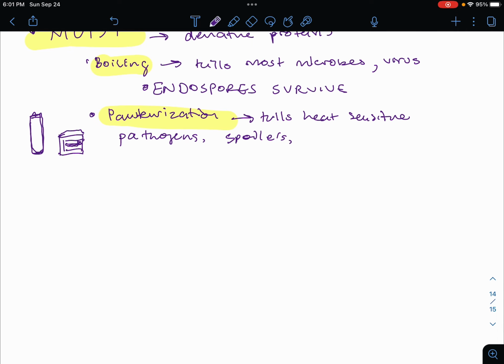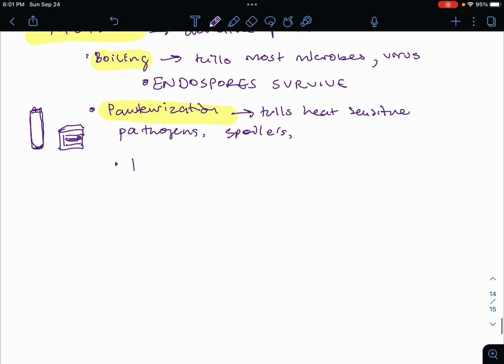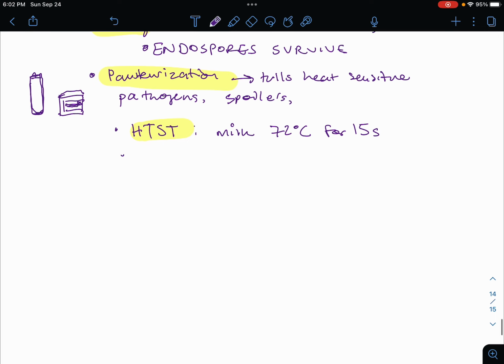There's high temperature short time, HTST. This is used for most products. This is going to be in milk, which is 72 degrees Celsius for 15 seconds. There's also ultra high temperature, so UHT.